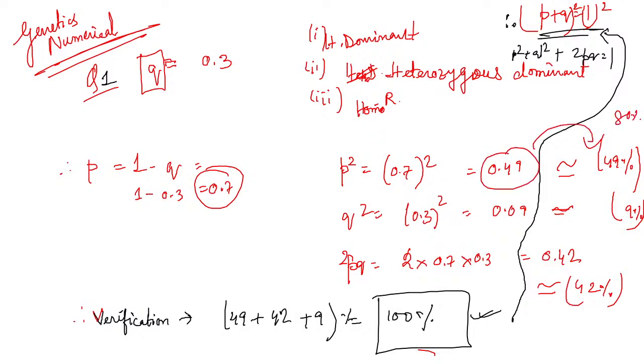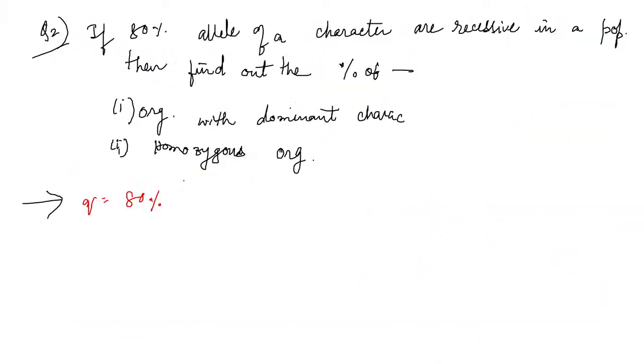Now 80% will be equal to 0.8. Clear? If 80% is 0.8, then what will p be? p equals 1 minus q, so 1 minus 0.8 equals 0.2, which is equivalent to 20%.